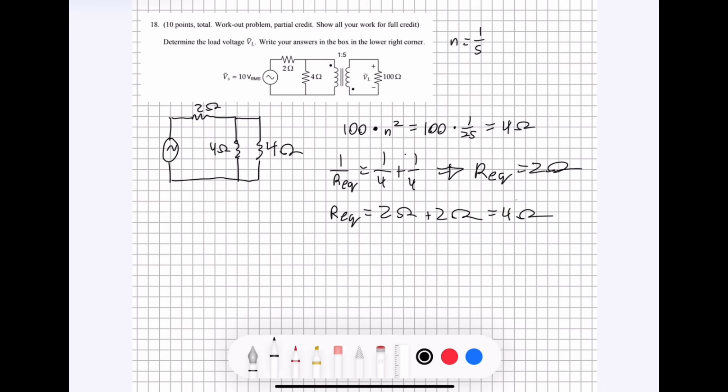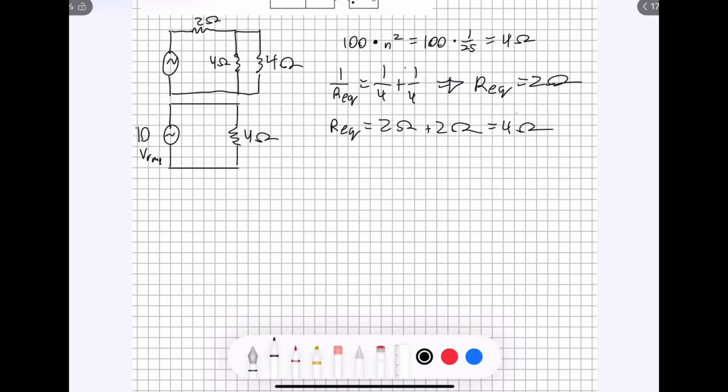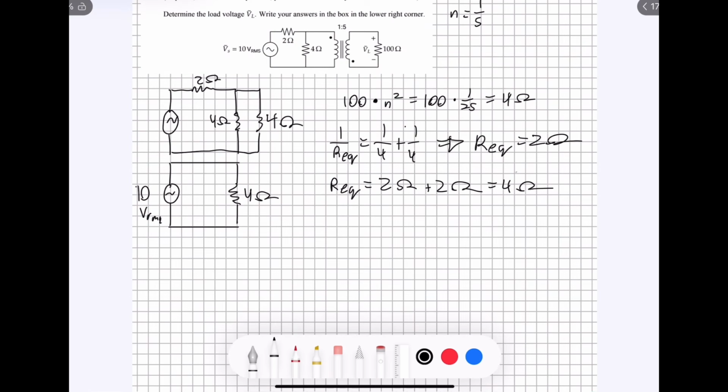So if we completely redraw the circuit, it would look like this. That's a resistor, and it is 4 ohms. And our V value is 10 VRMS over here. Using this and Ohm's law, we can now solve for the current going through here.